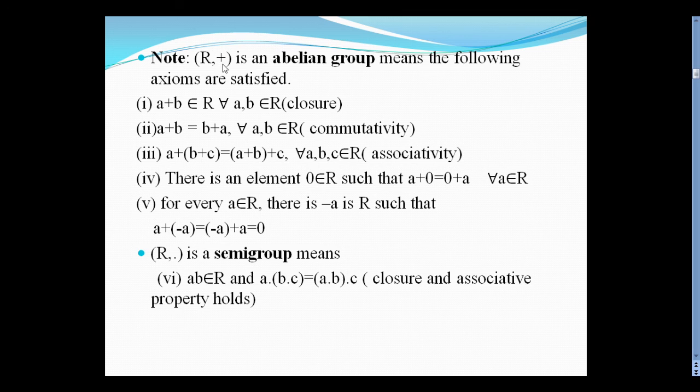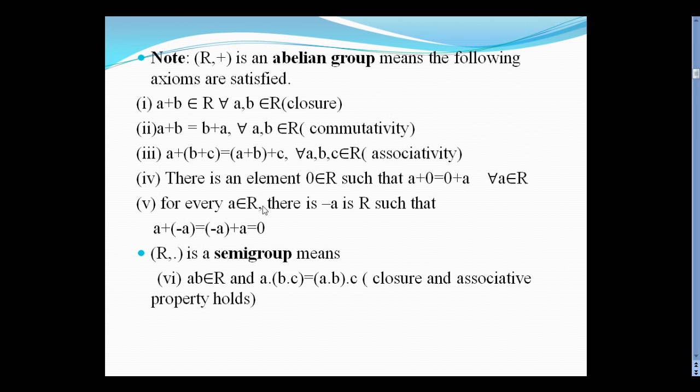Note: R under addition is an abelian group, which means it has to satisfy closure property under addition, commutative property under addition, and associative property. Then 0 belongs to R, we write it as A plus 0 is equal to 0 plus A, where A belongs to R; this is the identity element.